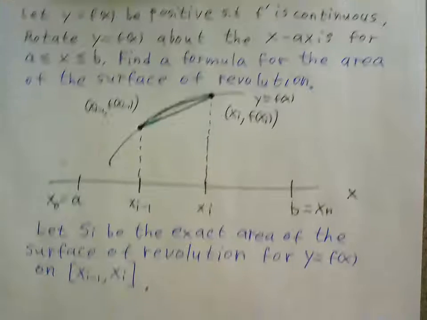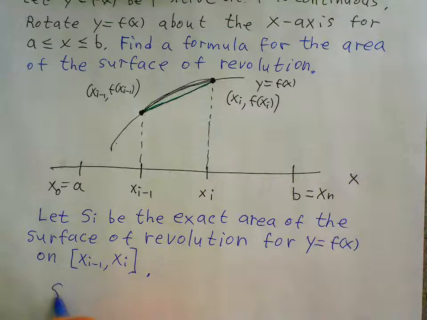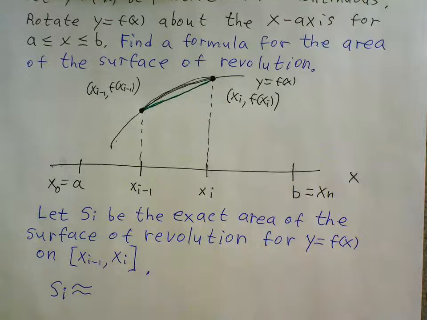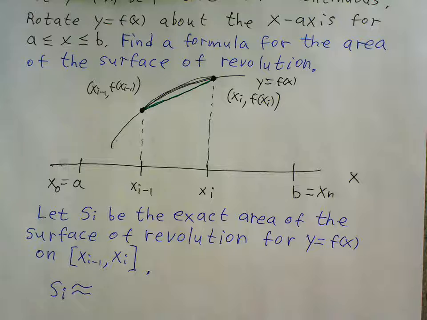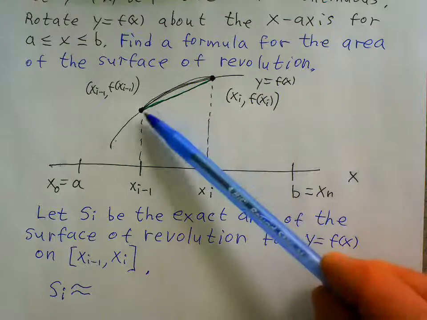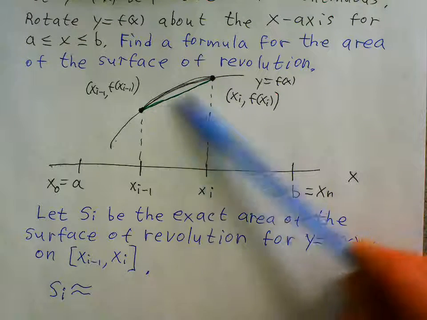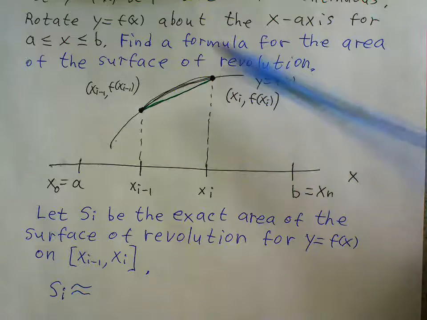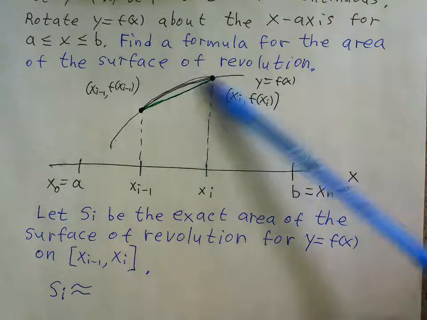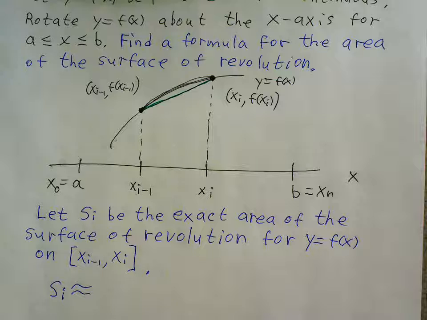Okay, so that means S sub i is approximately equal to the lateral surface area of the frustum that we get when we rotate this line segment about the x-axis.